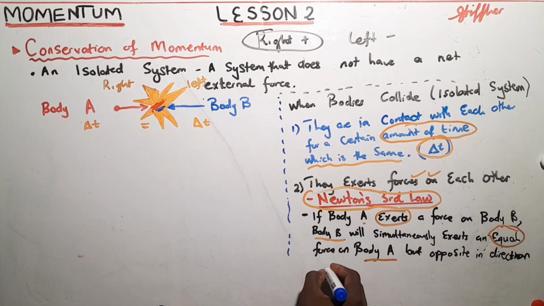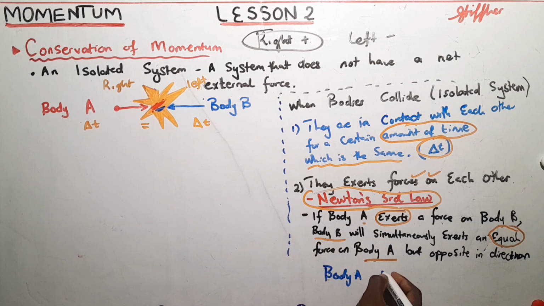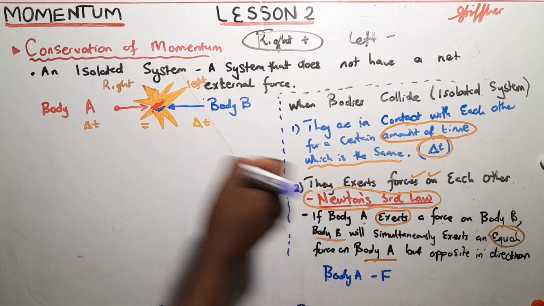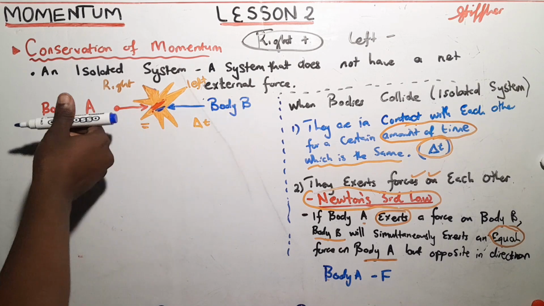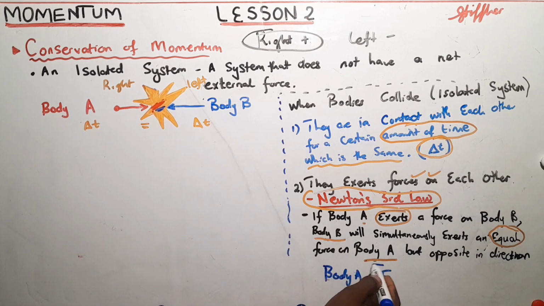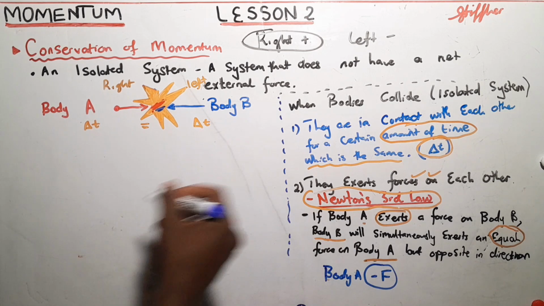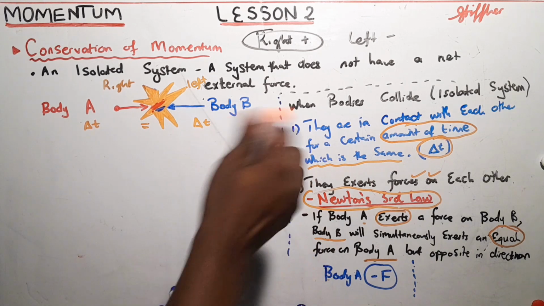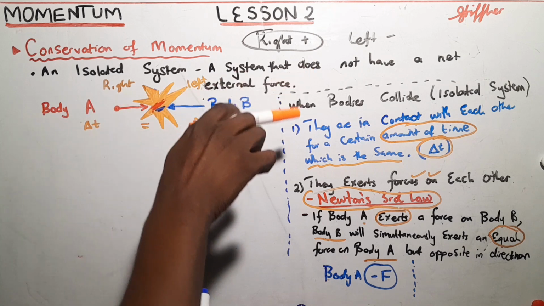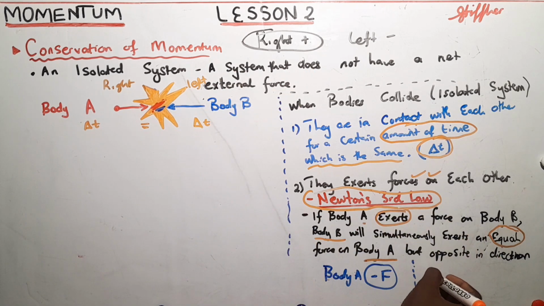So in this situation, body A is going to the right and body B is going to the left, and you know that when we are dealing with momentum, we choose direction, right? So suppose our right is positive, so our left will be negative. Body A will receive a force that is going to the left, so that will be a negative force. The force exerted on body B is going to the right, and our right is positive.